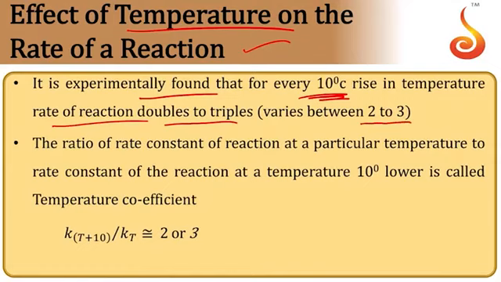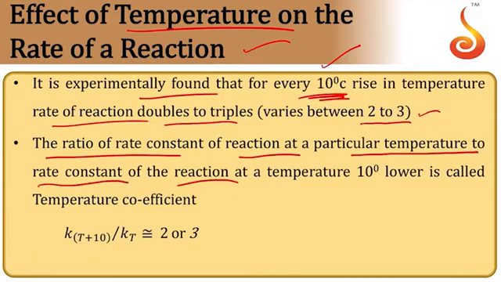The ratio of the rate constant of a reaction at a particular temperature to the rate constant at a temperature 10 degrees below is called the temperature coefficient.